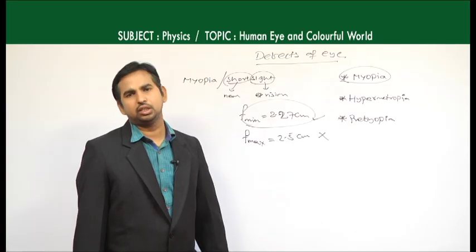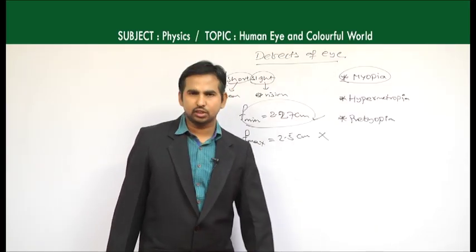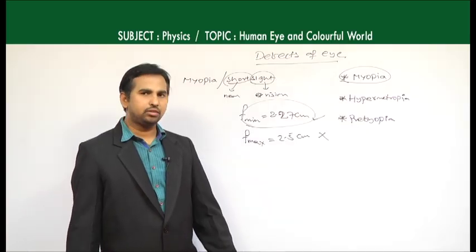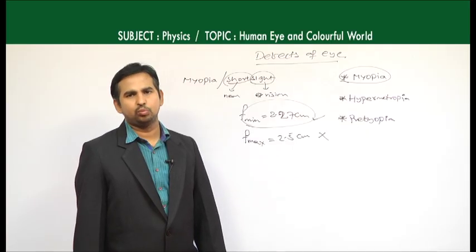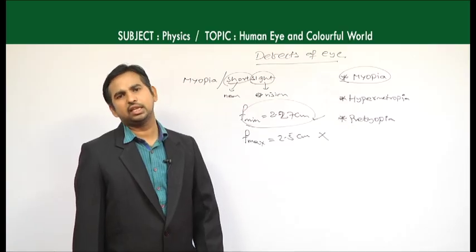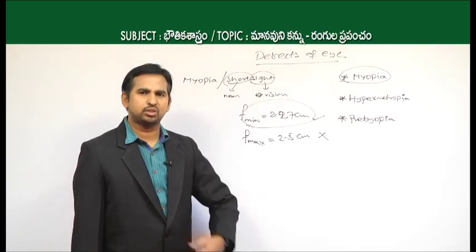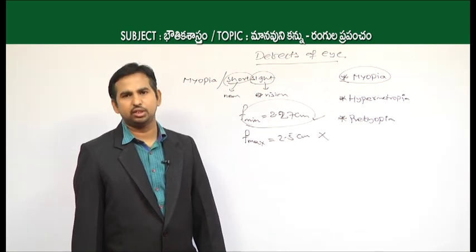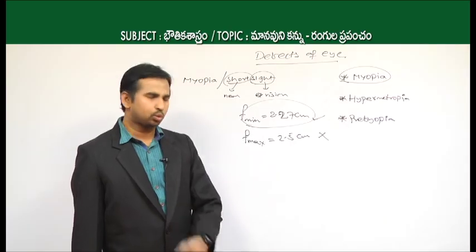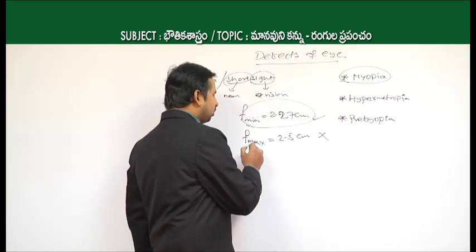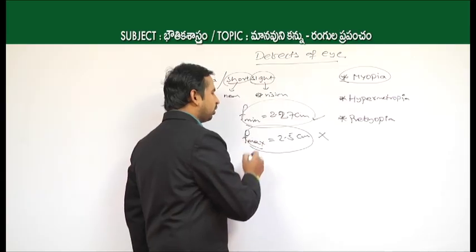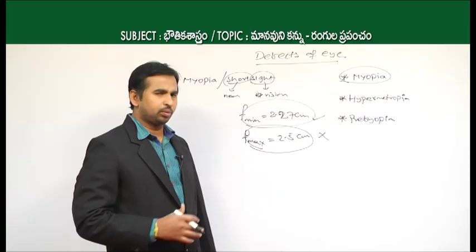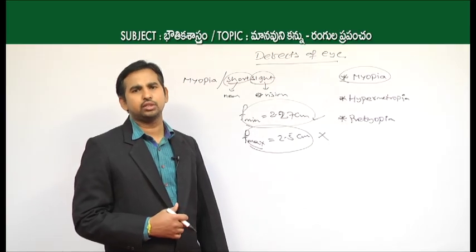The reason is that the ciliary muscles can adjust the focal length to see near distant objects very clearly, meaning the minimum focal length is managed. But when seeing far distant objects, it cannot manage up to 2.5 centimeters. So the answer is that, as it is not adjusting the focal length to the maximum of 2.5 centimeters, it cannot see the far distant objects clearly.